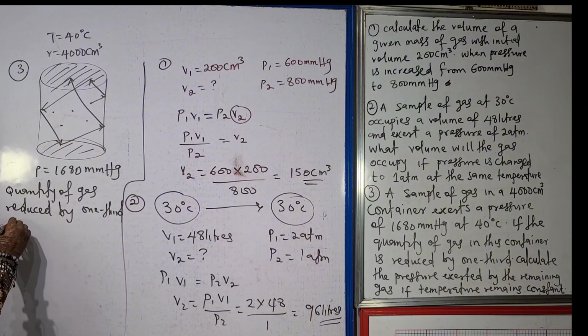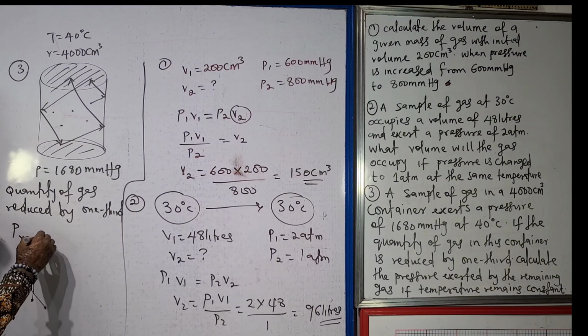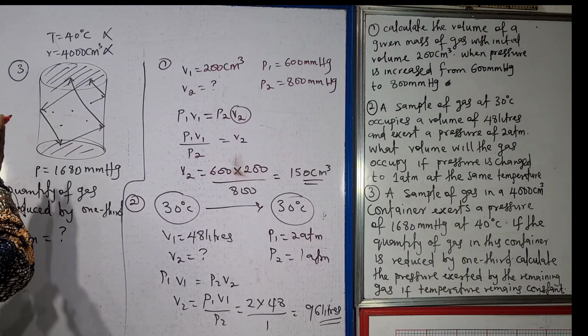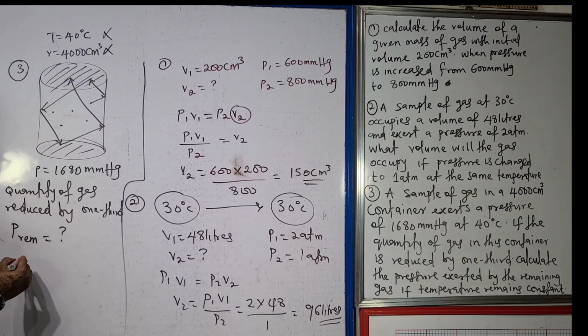The pressure by the remaining gas is the question. Of course, in a question like this, we don't even have any need for the temperature. We're basically talking about the amount of gas in here.